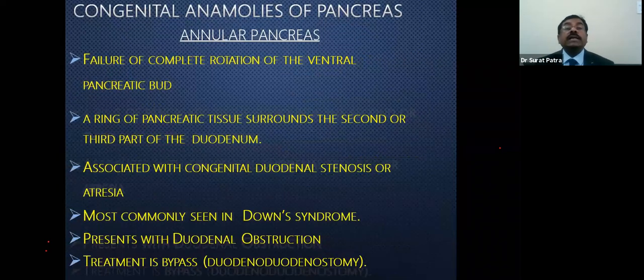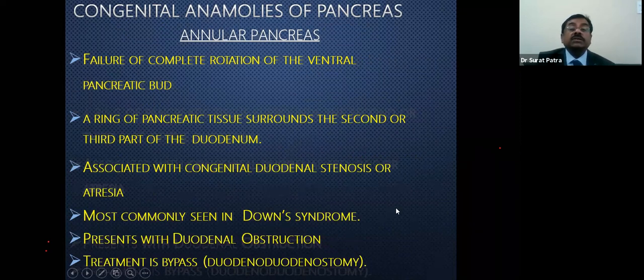A little more about annular pancreas. Failure of complete rotation of the ventral pancreatic bud results in this. The ring of pancreatic tissue surrounds the second or third part of the duodenum.